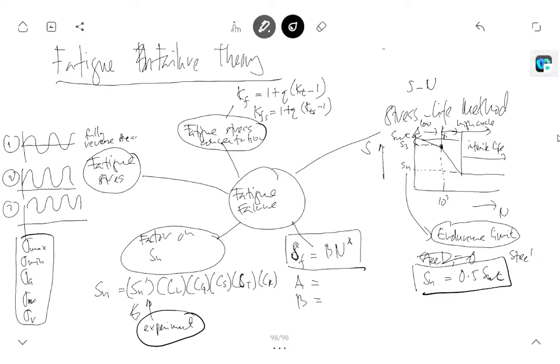So if we have a couple of stresses, axial, bending, and torsion, we need to combine those stresses.